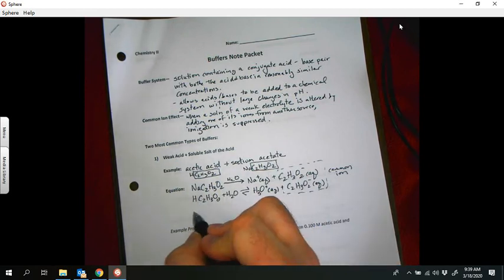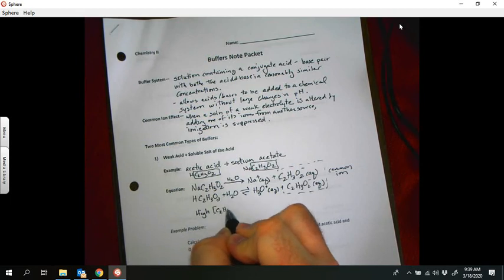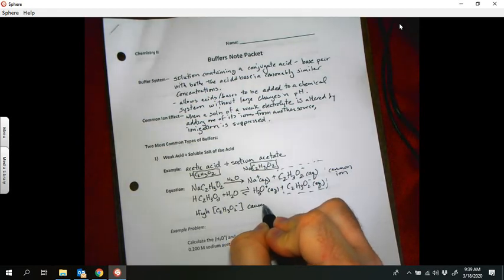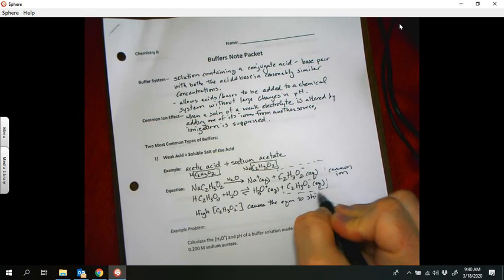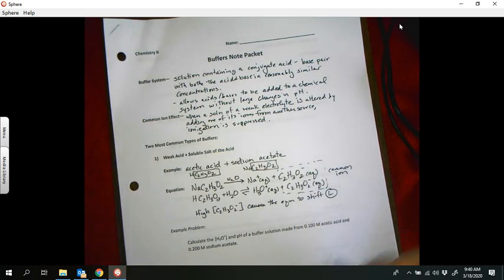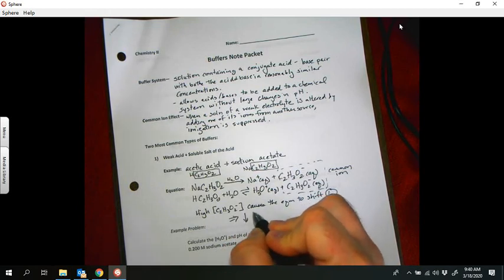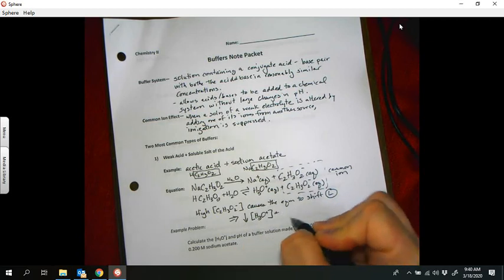So the high concentration of acetate causes equilibrium to shift left, which then causes a decrease in the concentration of H3O+, and the pH increases slightly.